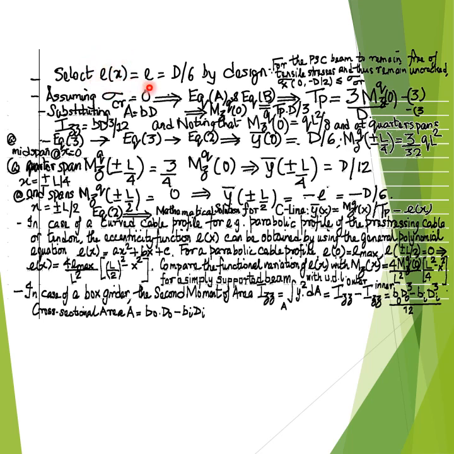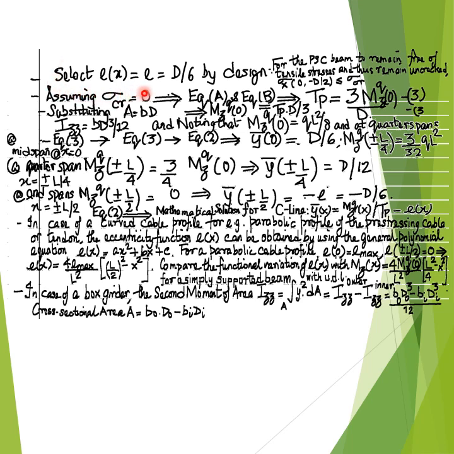denoted as e with the argument x, which is therefore a constant value equal to, say, e in case of a straight profile for the pre-stressing tendon or the pre-stressing cable.